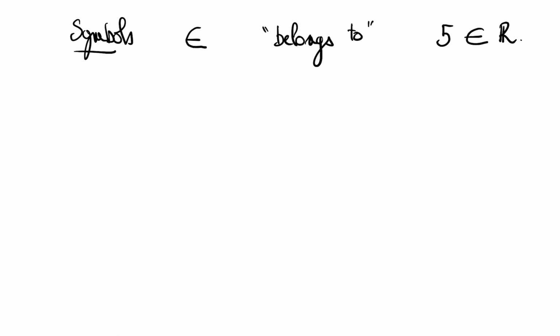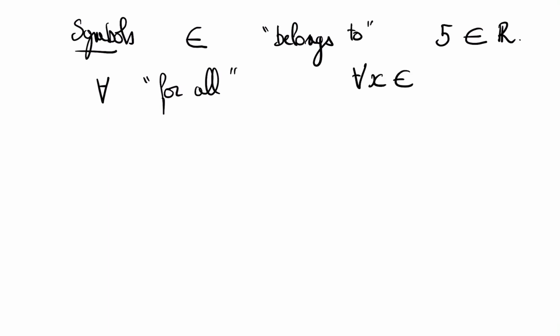Another symbol to learn is this one, which means for all. So for example, for all x belonging to R, that means for all x real numbers. Then another symbol is this one, an E, a bit elongated, kind of symmetrical with regard to the y-axis, and that means there exists.